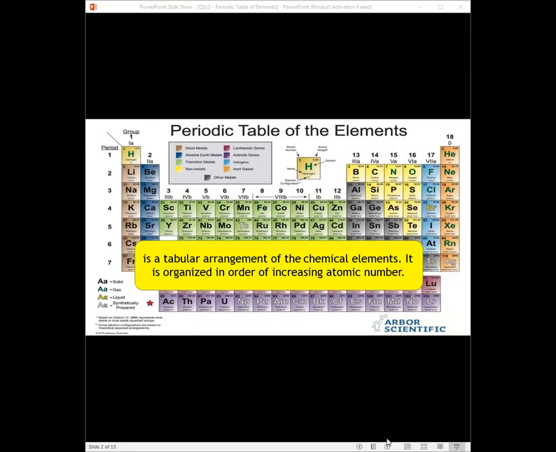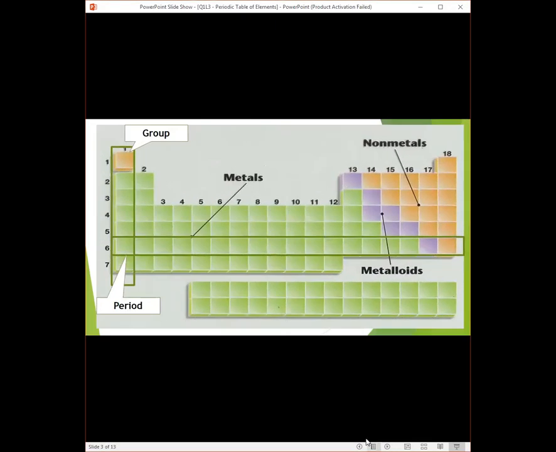Now let us move on to the next part, which shows how elements are grouped in the periodic table of elements. As we could see in this illustration, the periodic table is divided into columns and rows. The vertical columns in the periodic table of elements refer to the groups or families of the elements.